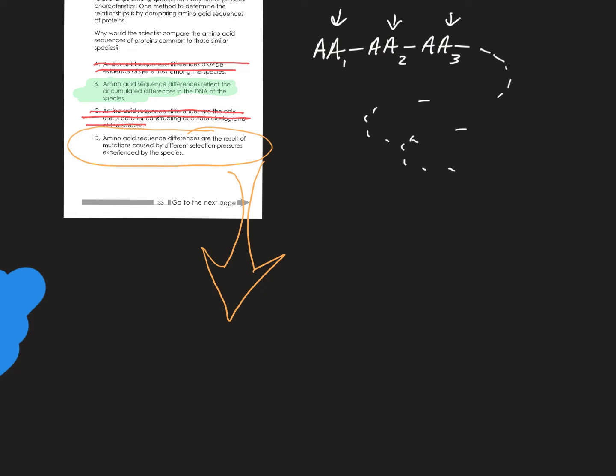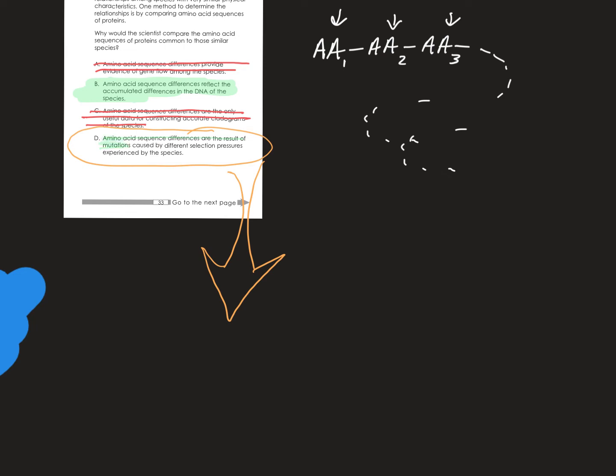Obviously, B, as I said, I already made my choice, but let's discuss why D is wrong. Amino acid sequence differences are the result of mutation. See that part right there? That part of the answer is correct. And they're predicting that you would read that and perhaps you would choose it, right?